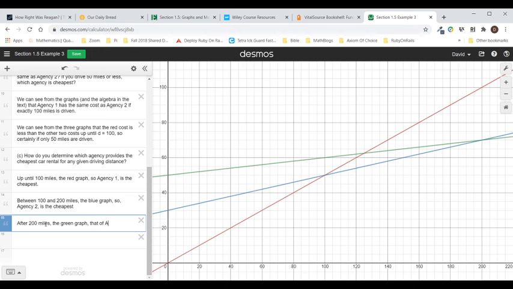That of agency 3 is the bottom graph. So agency 3 would be the cheapest if more than 200 miles is driven. And that's how I would do it if all we had were the graphs.